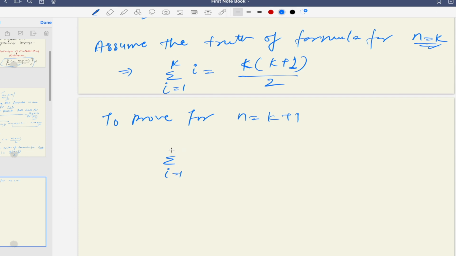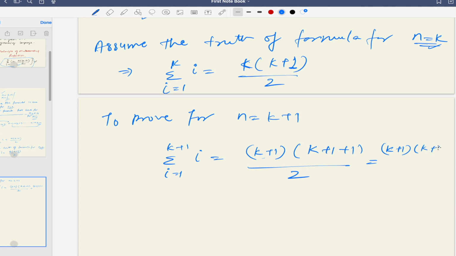Here the new value of n will be k plus 1, for i, and the value of n will be k plus 1, so n(n plus 1) by 2 means (k plus 1)(k plus 1 plus 1) by 2. We generalize this, so it will ultimately be (k plus 1)(k plus 2) by 2, right?